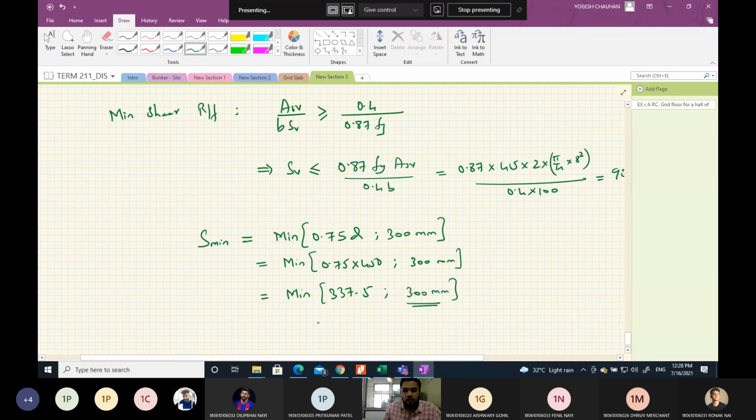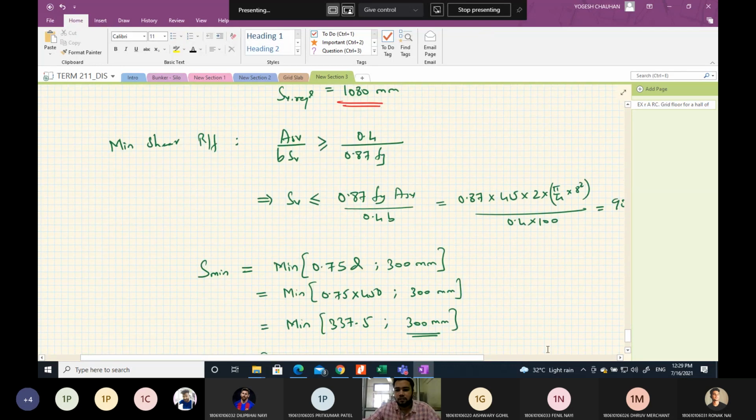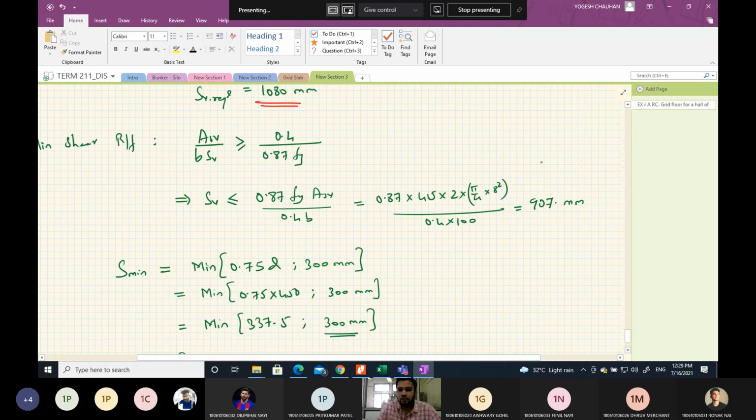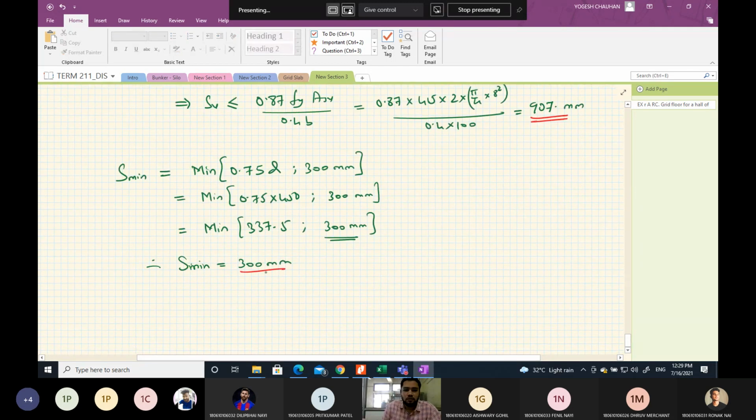So this is governing. So your S minimum is 300 mm. So now your spacing of the shear reinforcement should be least of all the three. So therefore this is the least one.